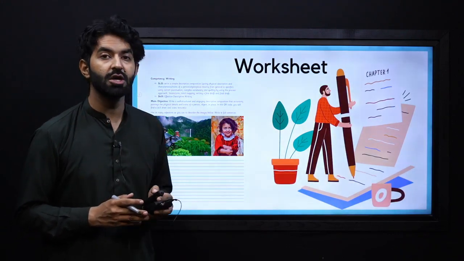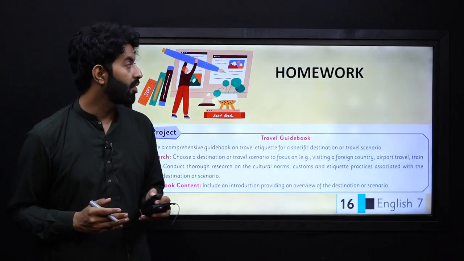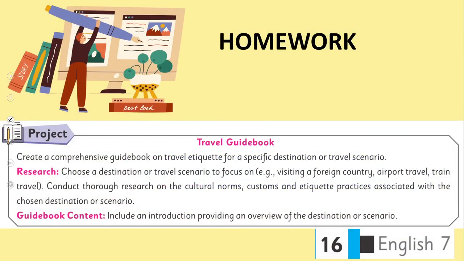This is your worksheet for your practice, and it is available in the resources. Now, for your homework, you have page number 16 from your book. We will be doing a project. You have to create a comprehensive guidebook on travel etiquette for a specific destination or travel scenario.